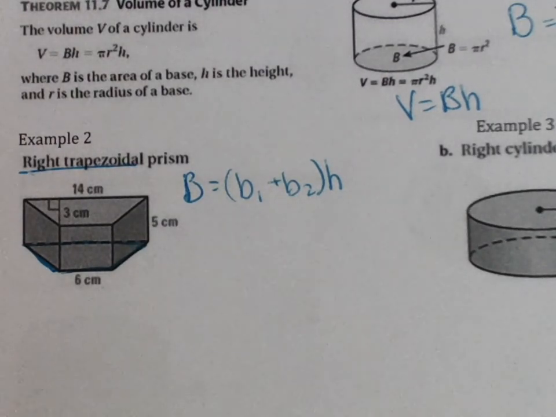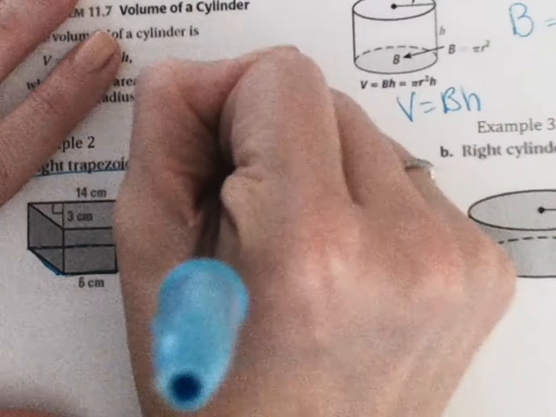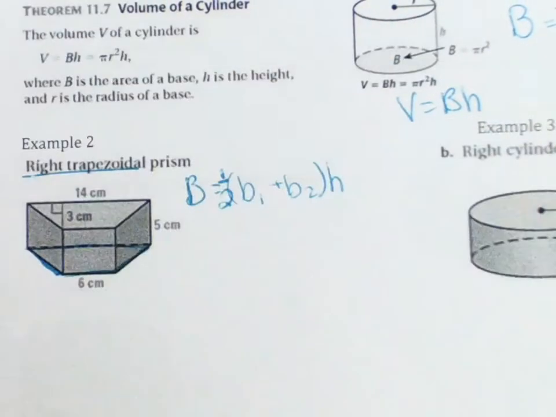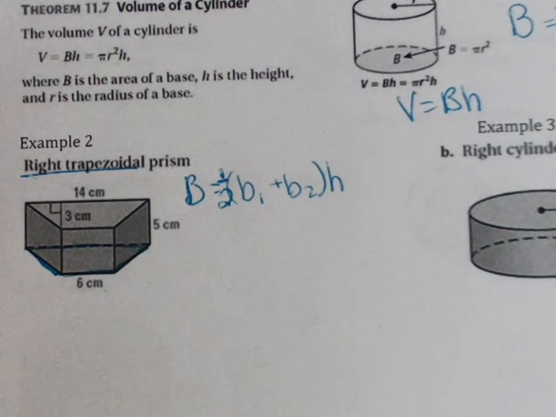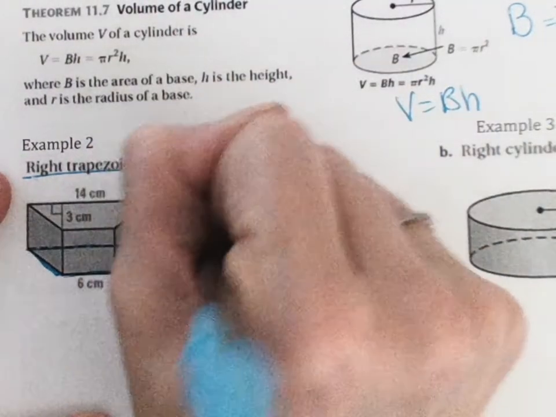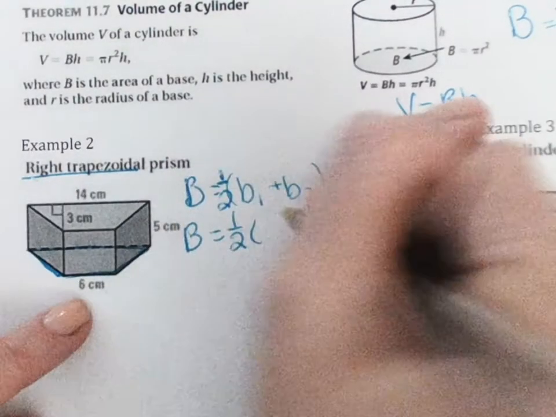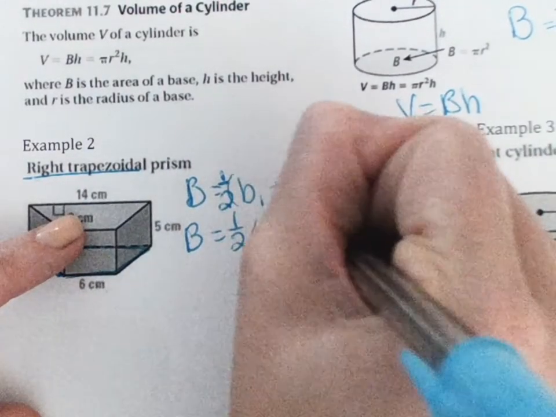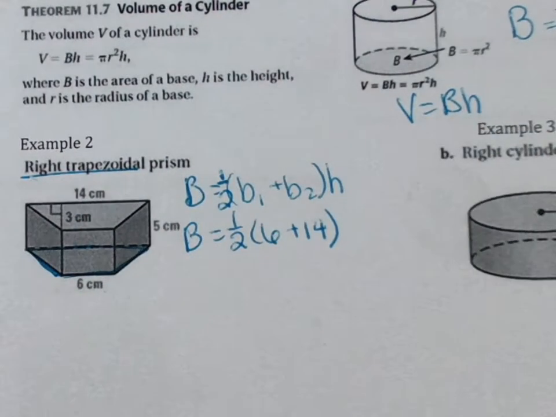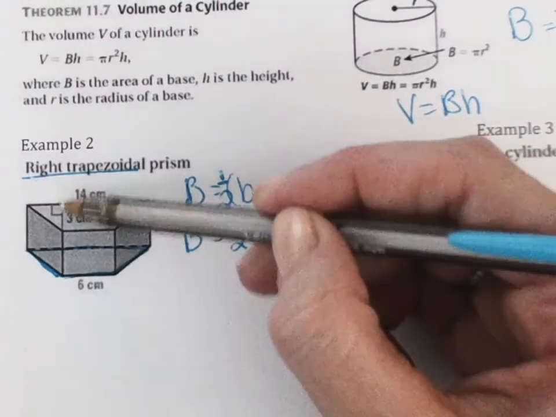Let's rephrase that. 1/2 B1 plus B2 times the height. So you just got to add a 1/2 in front. 1/2 B1 plus B2 times the height. So area of the base, B1 and B2 are interchangeable. So I have 1/2 of 6 plus 14 times the height of the trapezoid.